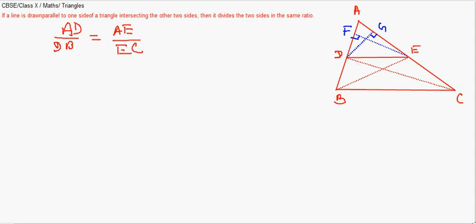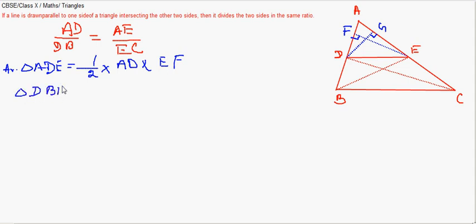Now how do we find the area of triangle ADE? Area of triangle ADE is half base into altitude. So what's our base? Base is this AD and height becomes EF. So AD into EF. On a similar note, what is the area of triangle DBE? This is also a half.